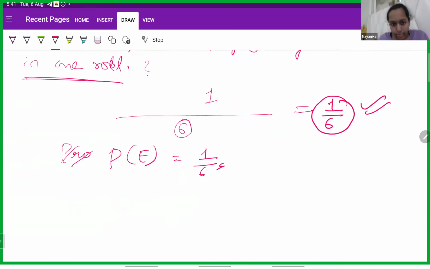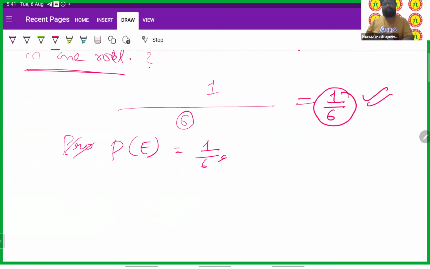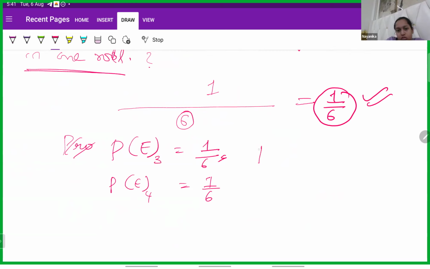Suppose I ask you the probability of getting 4, what is the answer? That is also 1 by 6. Probability of getting 5 is 1 by 6. So any confusion in understanding this? No, sir. Okay.